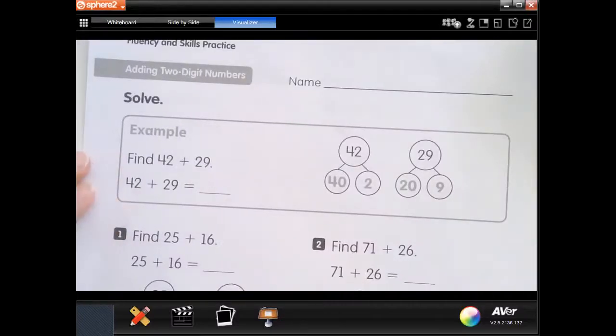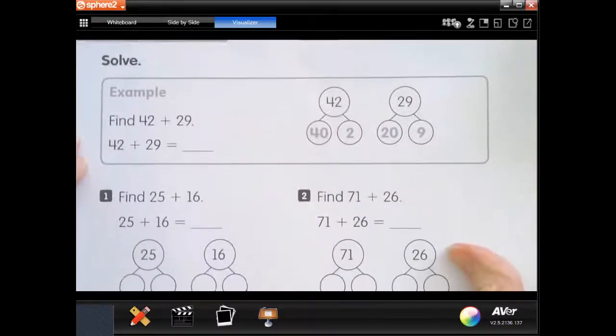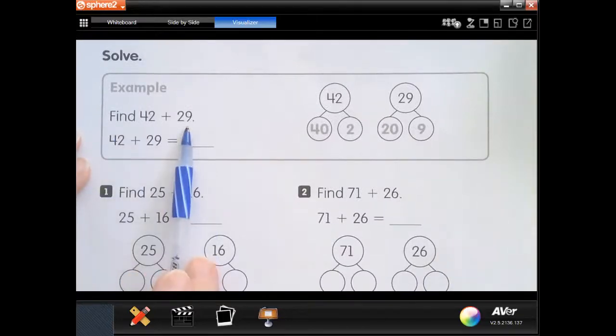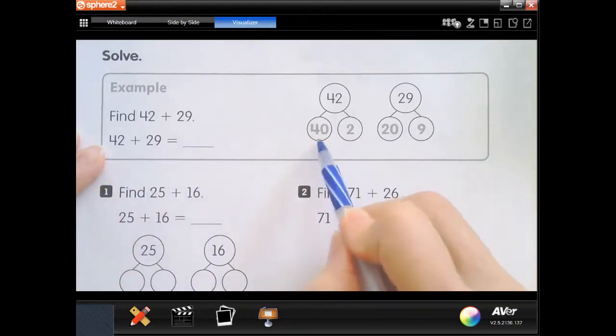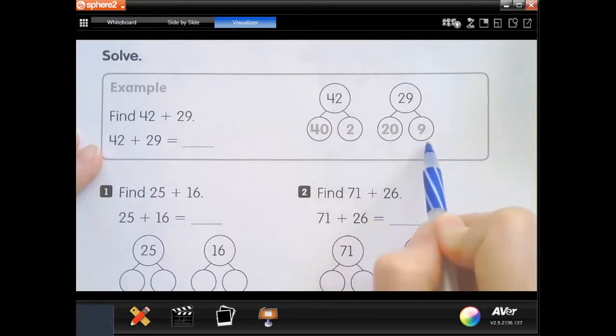Your assignment for this week for the fluency and skills practice says adding 2-digit numbers. And here's the example like we were just practicing. Find 42 plus 29. They've already decomposed that for you. 42 plus 29 equals, well, what do we do first? You add 40 and 20. Friendly numbers, 4 plus 2 is 6, so 40 plus 20 is 60. 2 plus 9 is 11.